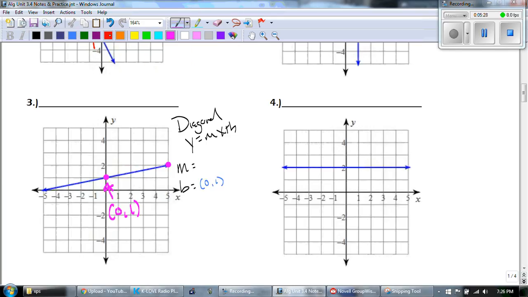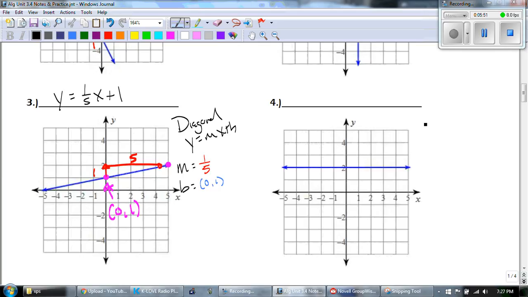But now I need the slope. Rise, which is 1, over run, which is 5. So my slope is 1/5. So y equals 1/5 x plus 1.